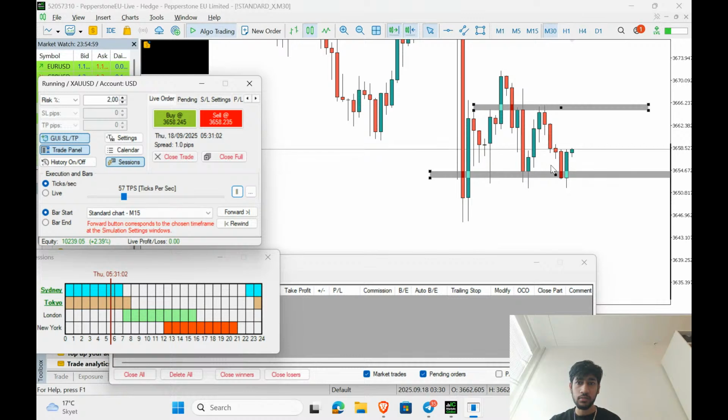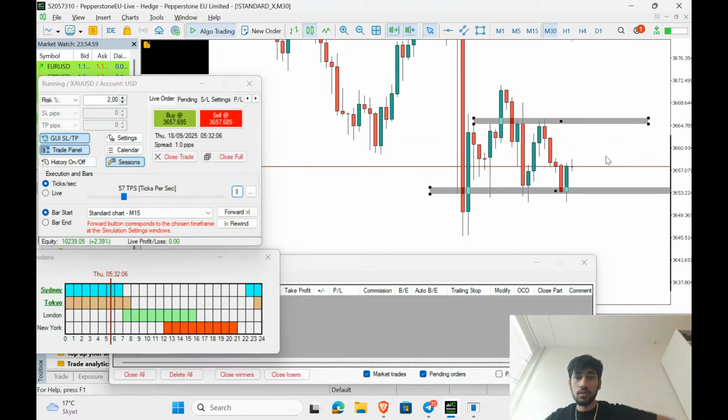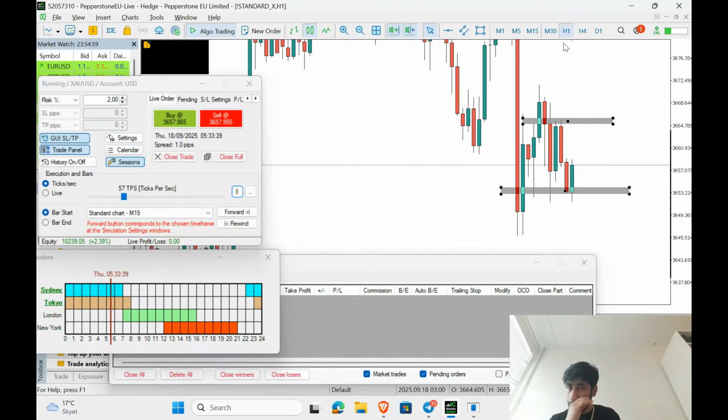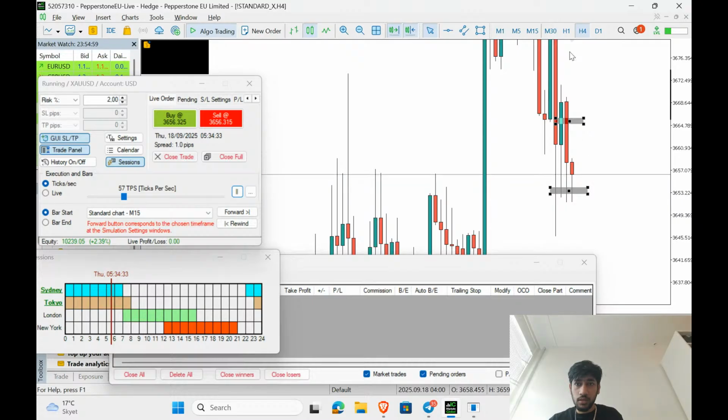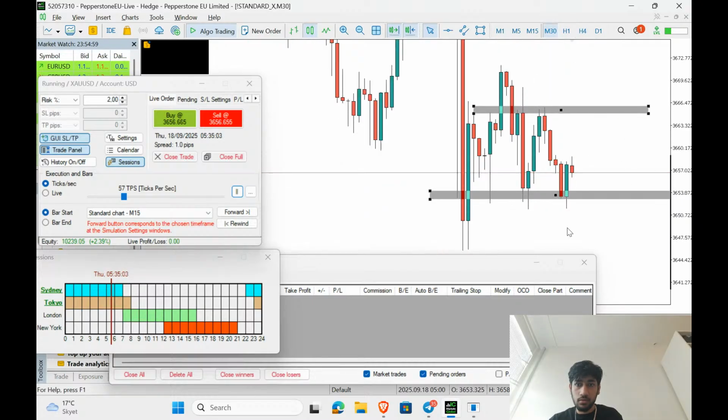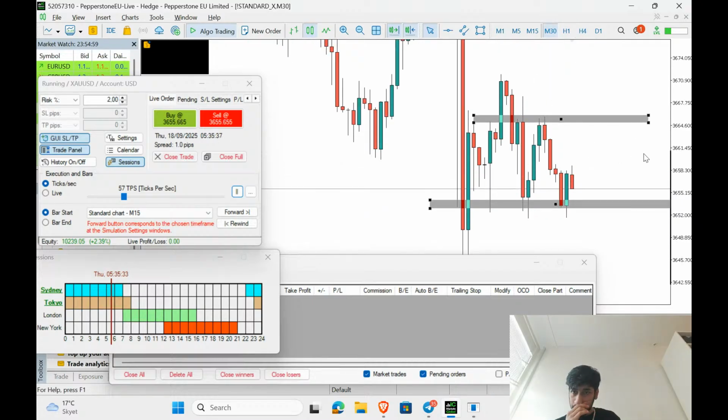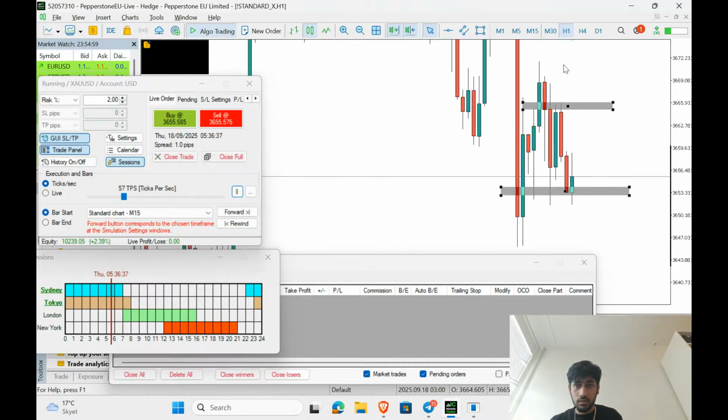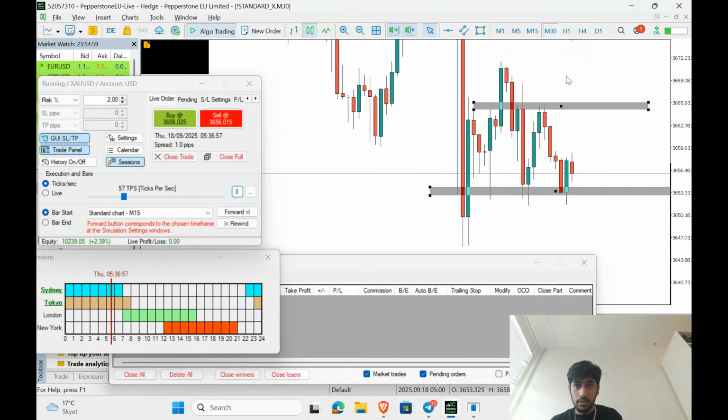We are just ranging between this high and this low. We can't do anything on range. But if this candle breaks its low, I would be interested in sales.